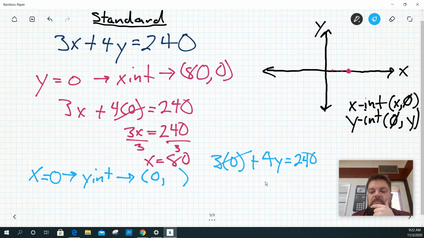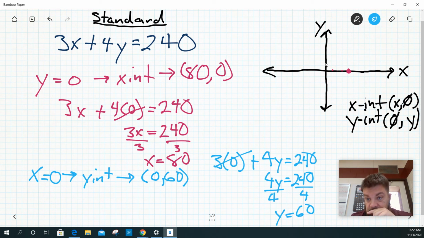This goes away, and I've got 4y is equal to 240. Divide both sides by 4, and I get y equals 60. So my y-intercept occurs at (0, 60).